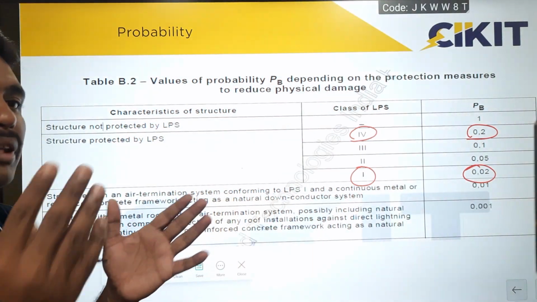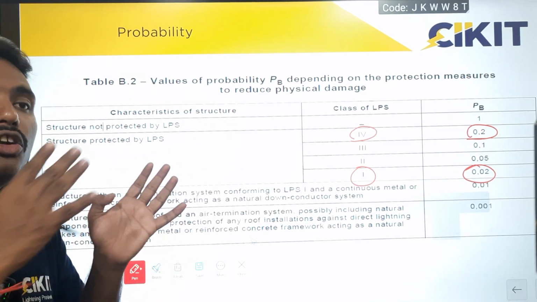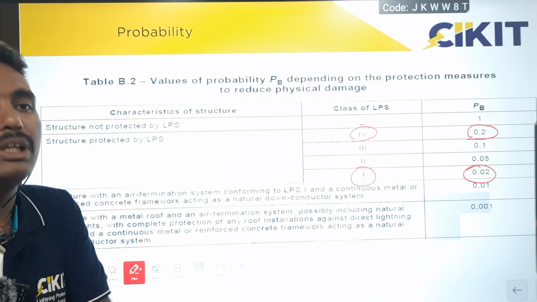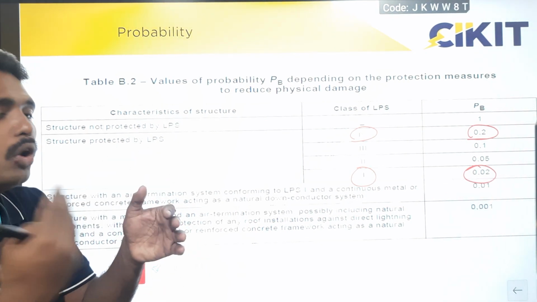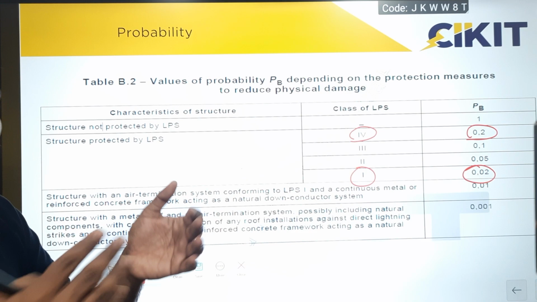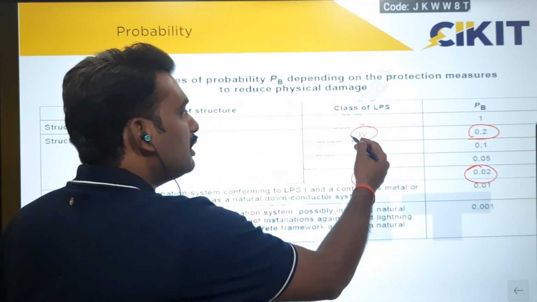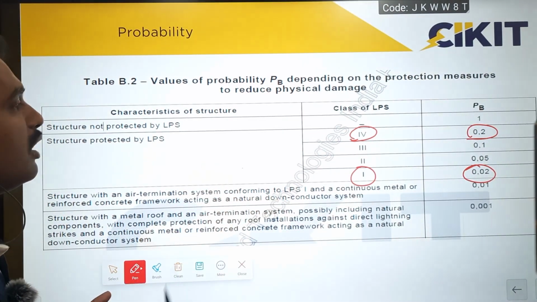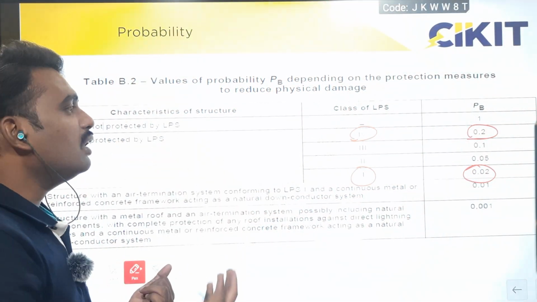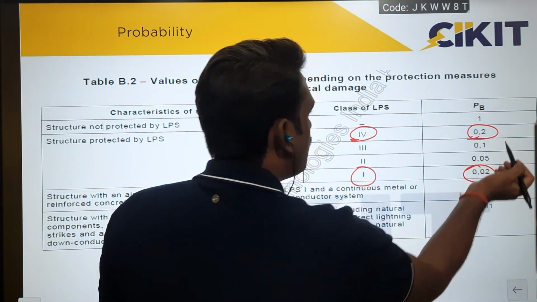If I am performing the risk assessment calculation, and the risk value is higher, then I have to incorporate the protection measures. Then after incorporating this particular protection measure, what will be the actual risk? What will be the reduction of risk after incorporating this protection measure? We can calculate by substituting this updated value. For example, during the first calculation, if I am taking level 4 protection, I will consider 0.2 as the parameter.